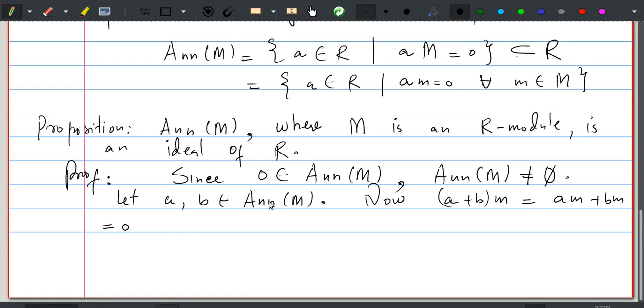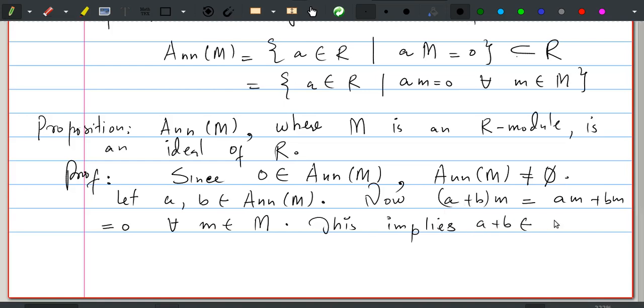Because a is in the annihilator, so it annihilates the module M, so am will be 0. Similarly bm will be 0. So this is true for all m in M. This implies a plus b is an element of the annihilator of M, because it annihilates the module.